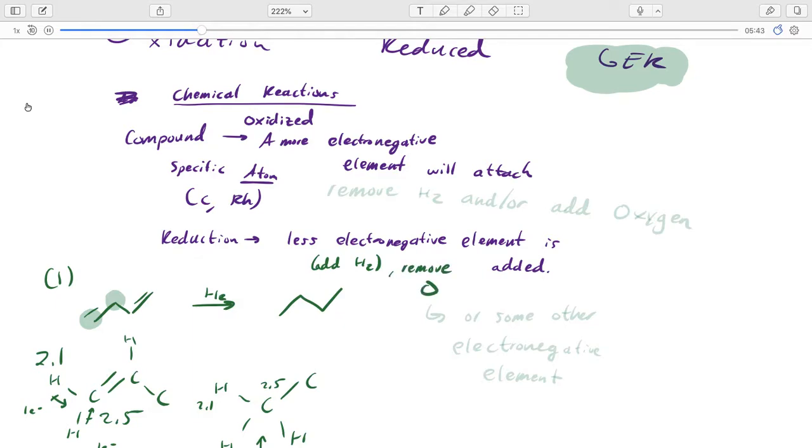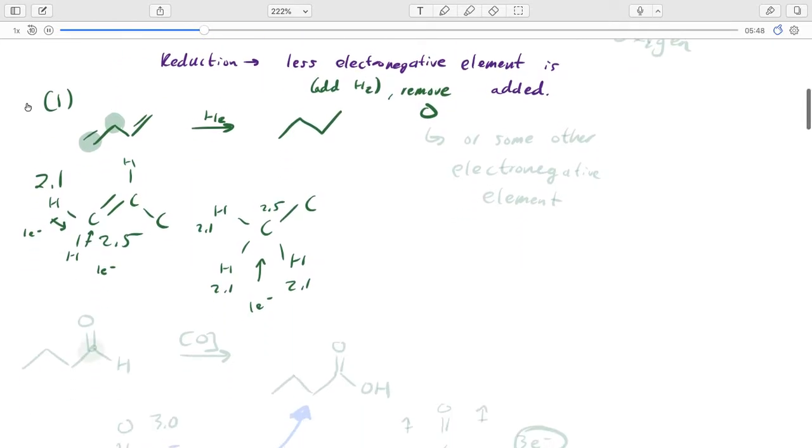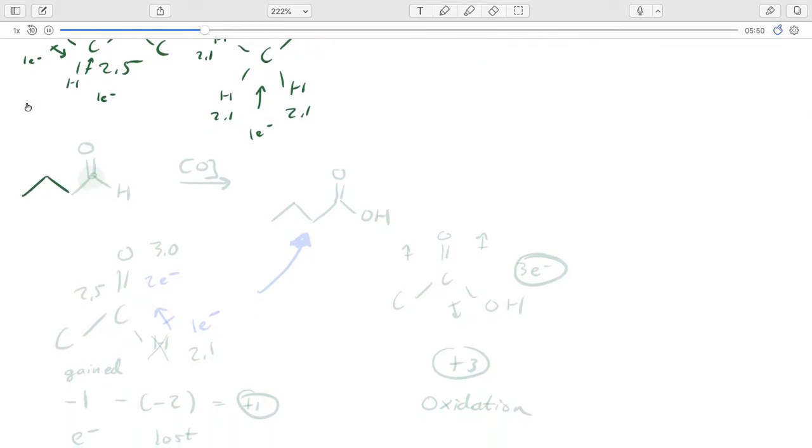Now let's talk about an oxidation. So an oxidation looks like this. We start with an aldehyde, and I'm just going to write O means it gets oxidized. What it is, we don't care as long as it gets us where we need to go. In the first one, when it's an aldehyde, we'll consider the carbonyl carbon that's in the middle.